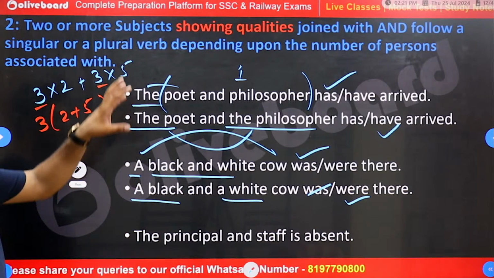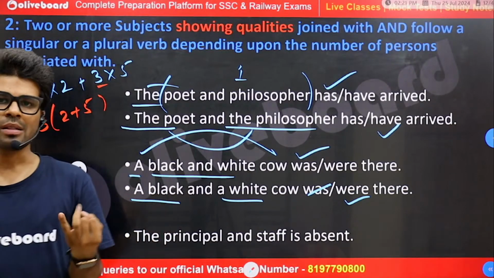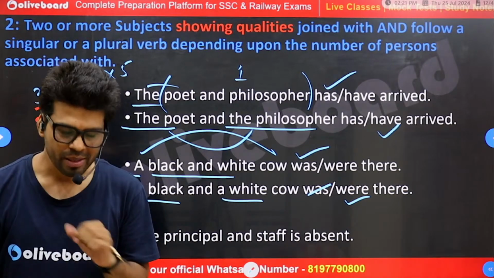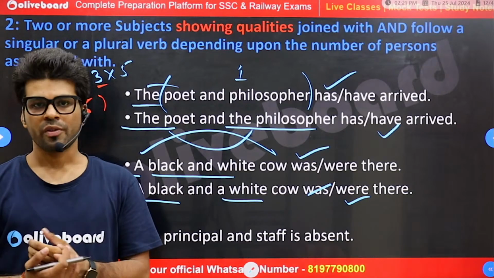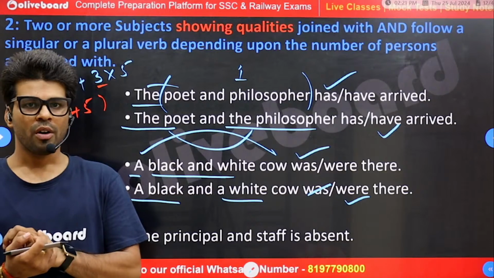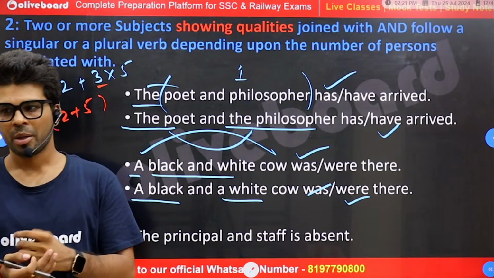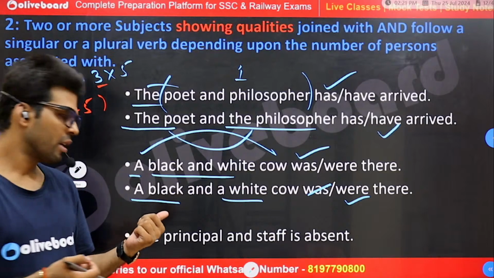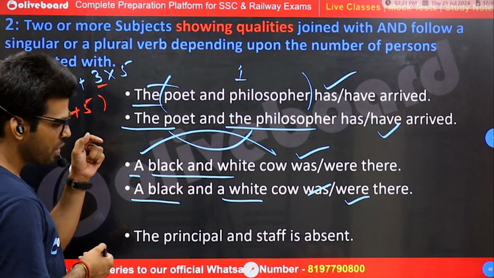Yes, it is feasible to say a dancer and singer. Michael Jackson, just one person can dance and sing at the same time. Not all, but some can. A poet and philosopher, because one person can be a poet and a philosopher at the same time. One cow can be of a couple of colors, black and white, or multiple colors. But in any organization, just one person cannot be the principal and staff at just one point of time.